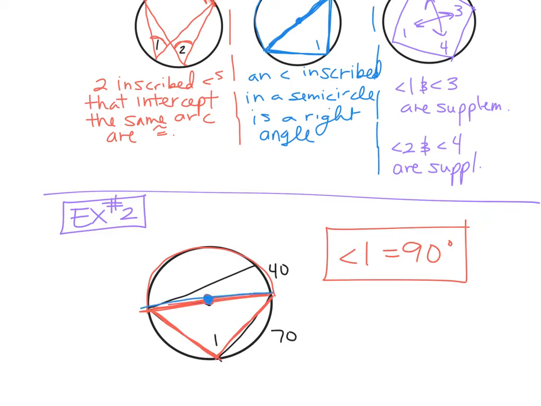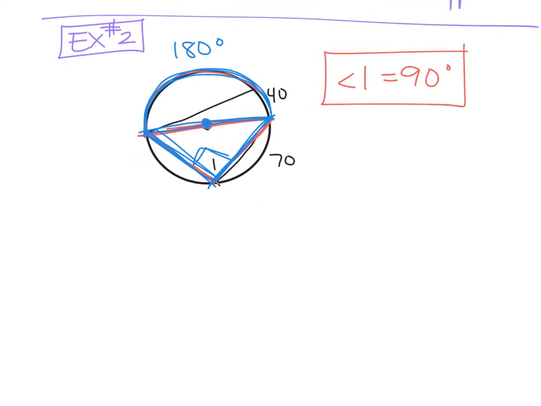That makes this a diameter, making this 180 degrees. So if that arc is 180, angle 1 opens up to that semicircle, making this angle 90. Okay? You're welcome.